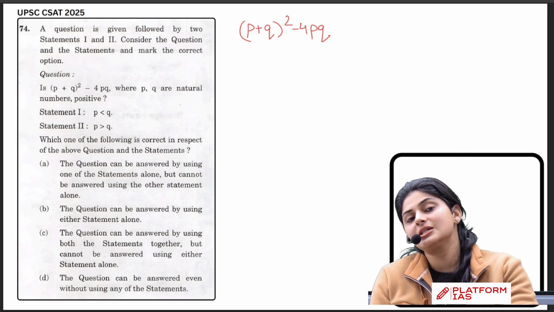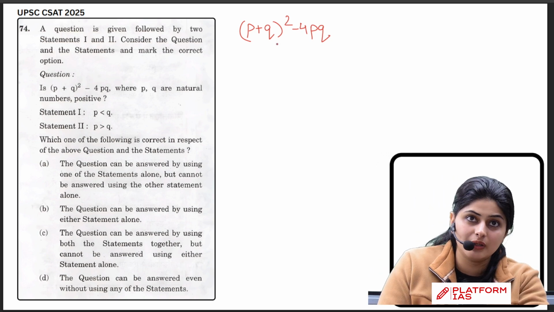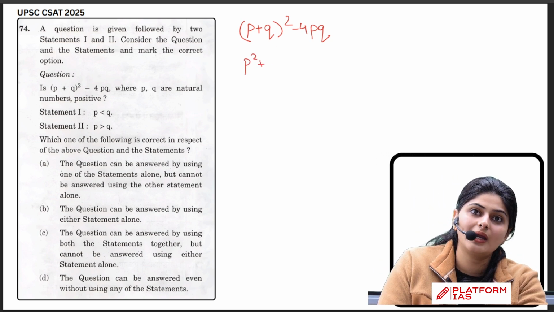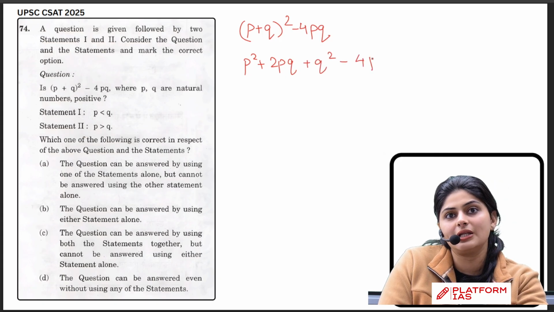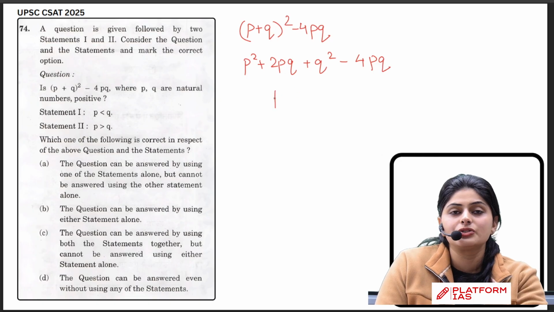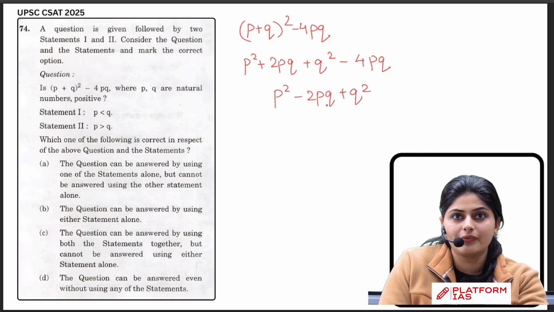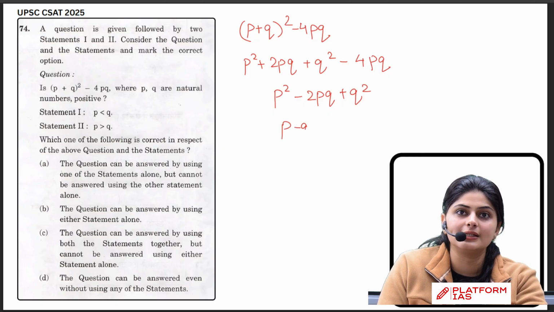Do you know the algebraic identity of (a plus b) whole square? It is p square plus 2pq plus q square. It's a very basic algebraic identity. So it will be p square minus 2pq plus q square. Again, I can see that it is (p minus q) whole square.